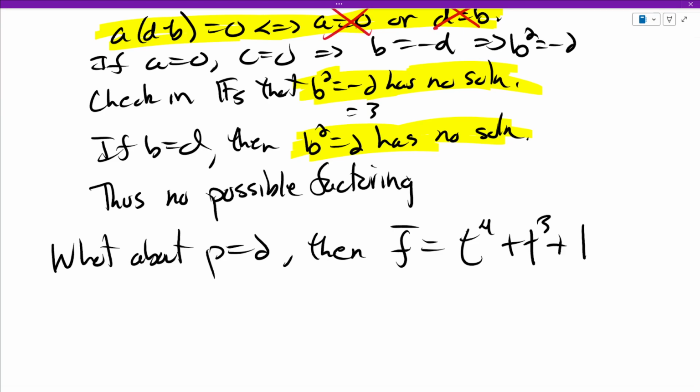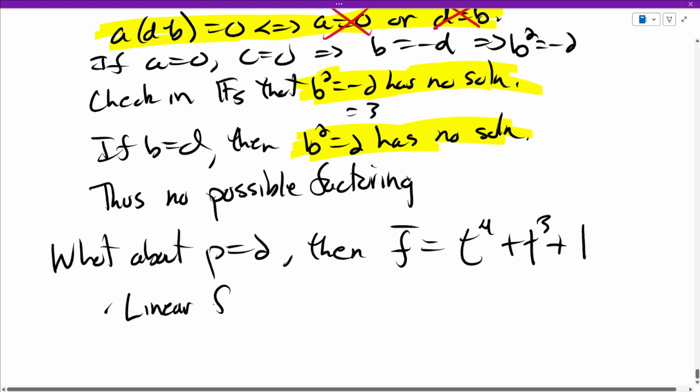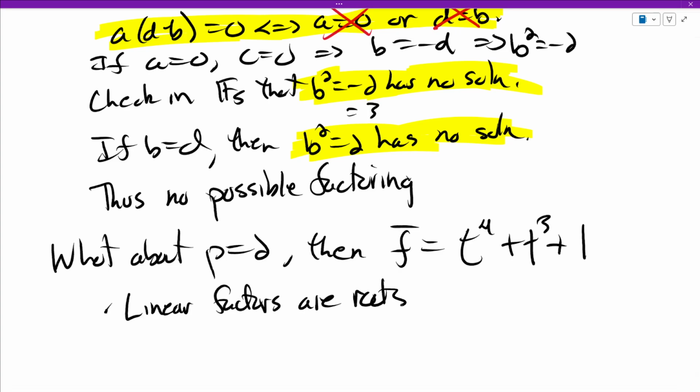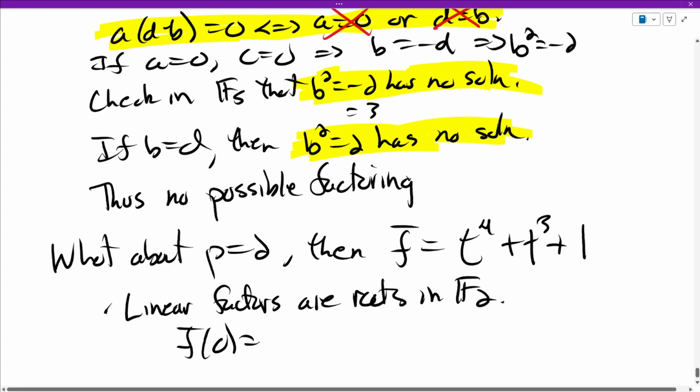So you again would check for linear factors, and these are roots. We're of course working in F2, and you plug in 0, you get 1, and you plug in 1, since we're in F2, you also get 1. Great.